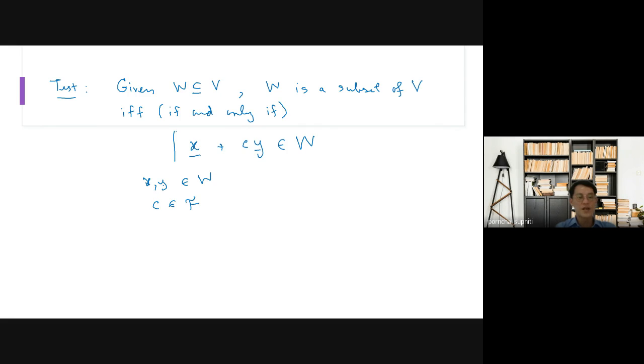If x and y are vectors in W, and you can prove that x plus cy is always in W as well, then we can say that W is a subspace.